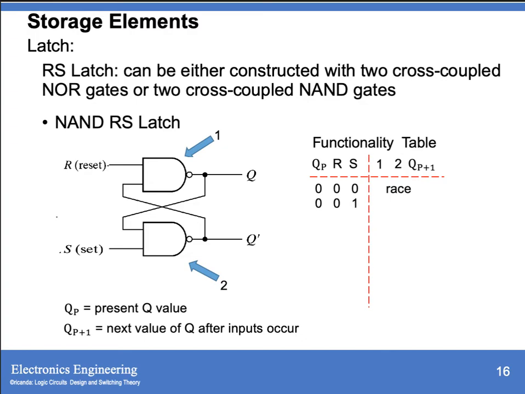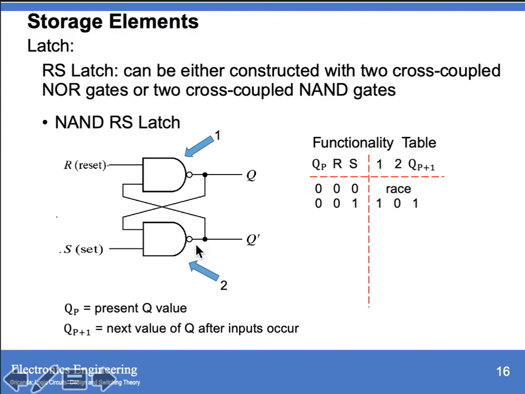Then for 0 and 1. Since your R is equivalent to 0, remember in your NAND, if one of the inputs is 0, then you have an output of 1. So since this is 0, the output of your first NAND is equal to 1. And the output of your second NAND will be equivalent to 0.